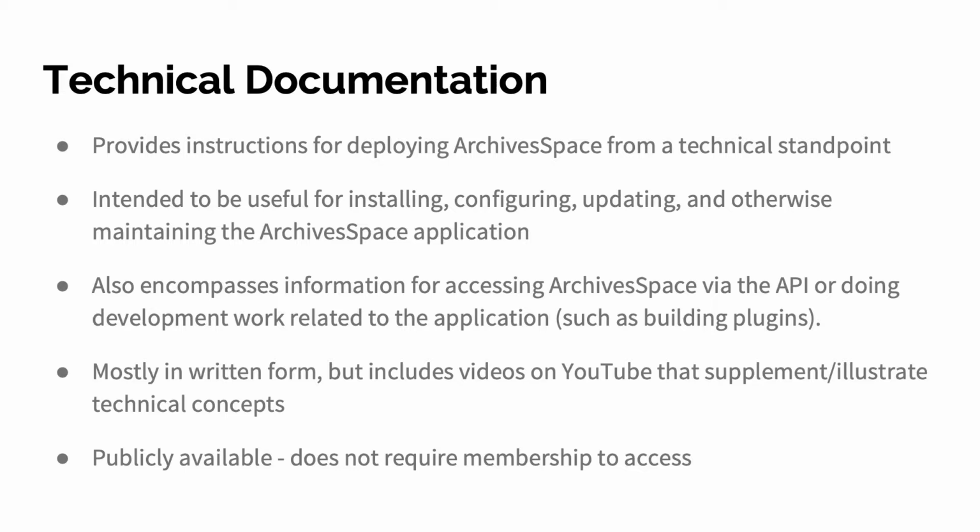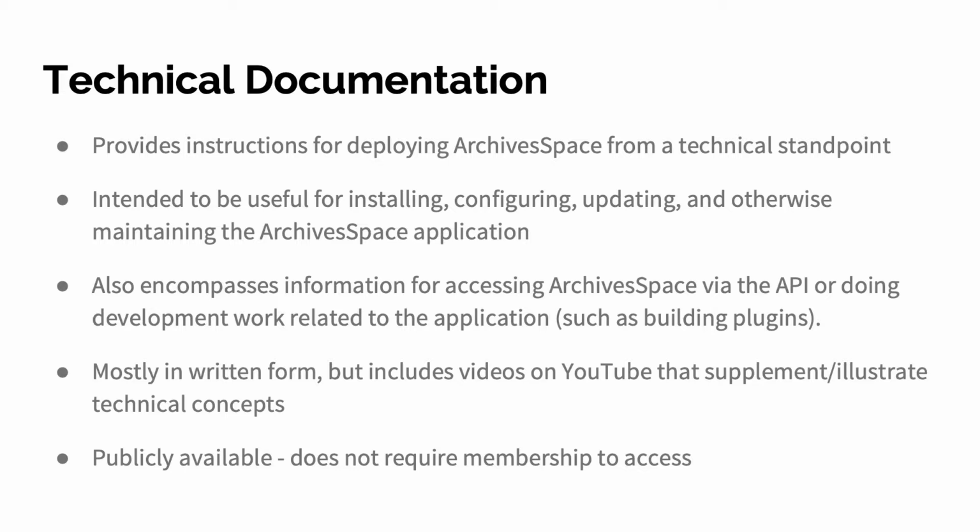The technical documentation, what we define as technical documentation for the application, is documentation that provides instructions for deploying ArchivesSpace from a technical standpoint. So that's things like installing ArchivesSpace, configuring it, updating it when versions change, and otherwise maintaining the application itself.